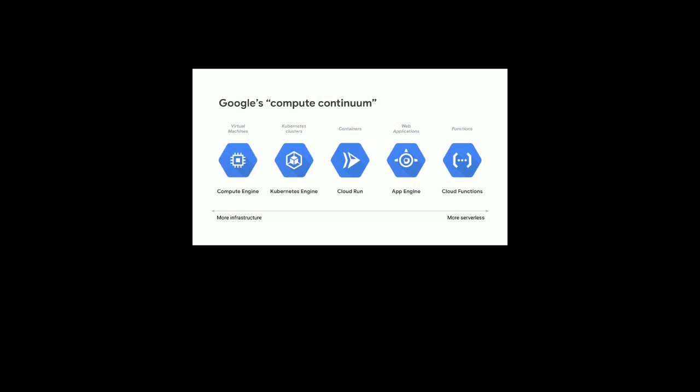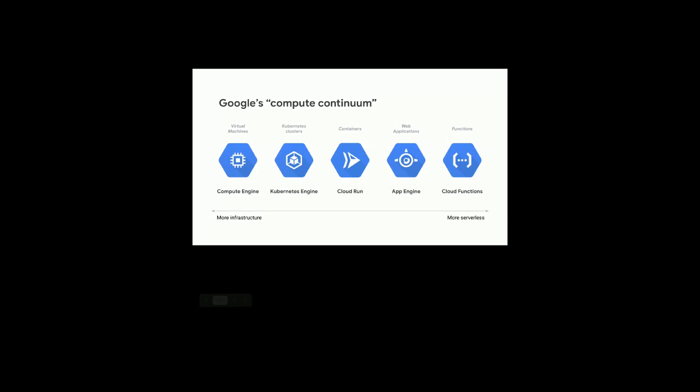App Engine is more suitable for web applications, and Cloud Function is everything that will answer an event. Something happens, I need this function to run. This function will finish running, and it will output something. So this is exactly the use case of Cloud Function. You can see that the more we go to the left, the more infrastructure I have to manage, and the more we go to the right, it's completely serverless.